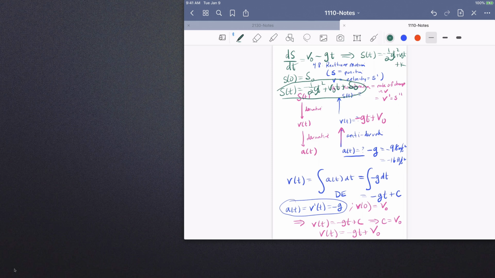And this is a very important equation from physics, which is the position function of an object falling in a uniform or constant gravitational field. And the answer is found just by starting from acceleration being a constant and working our way up the chain using antiderivatives. So ends this video.